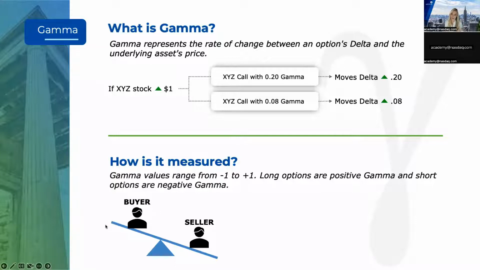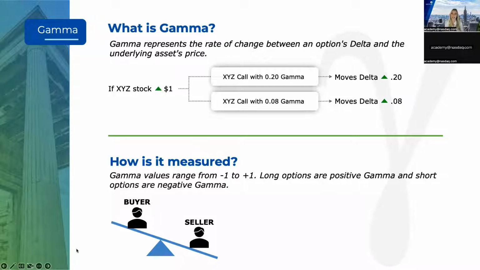So a higher gamma is really good for long options because we want to get to that destination. But a lower gamma means we've got a lot farther to go. Getting to that destination is positive for long options and negative for short options.